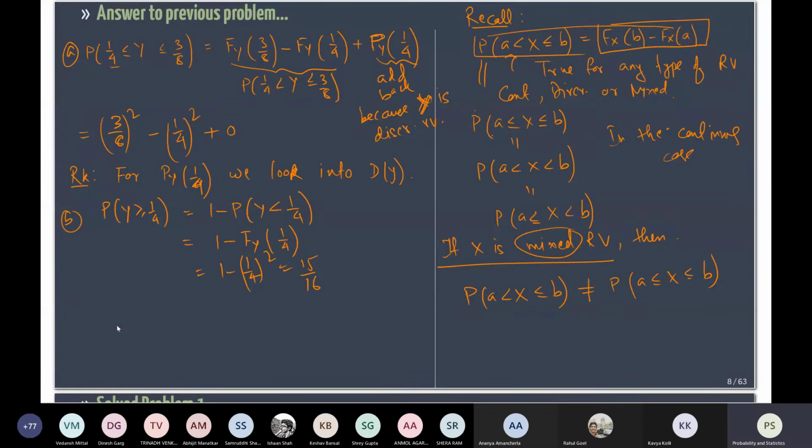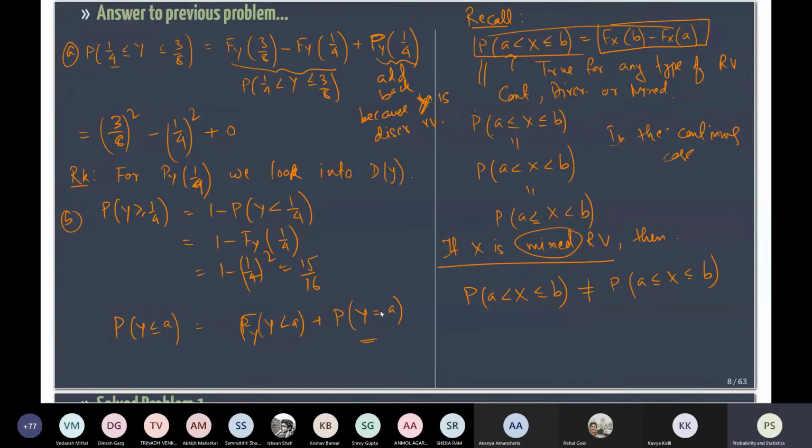Let's write down again. If we have y less than or equal to, let us say a, then this will be the probability that y is less than a, sorry, Fy, plus the probability that y is equal to a.